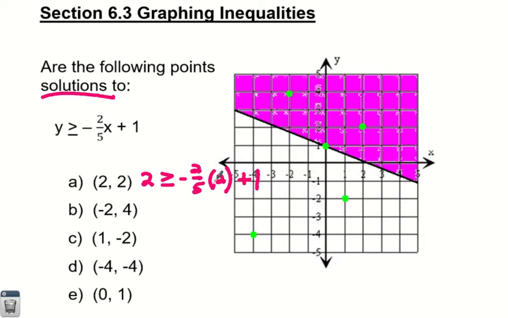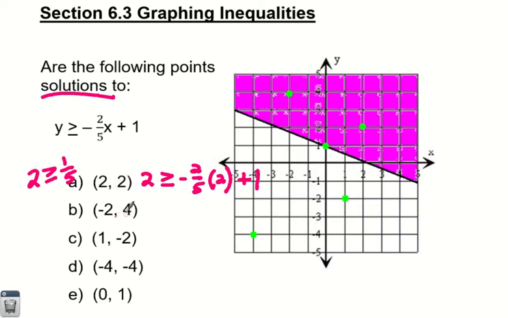This is going to get you negative 4/5, and when you add 1 to negative 4/5, again, I'm doing this in my head, it's not the best way to go about business, but negative 4/5 plus 1 should be 1/5. So ultimately this is going to say, 2 is greater than or equal to 1/5. Is that true? And yes, it is. And so (2, 2) does turn out to be a solution.